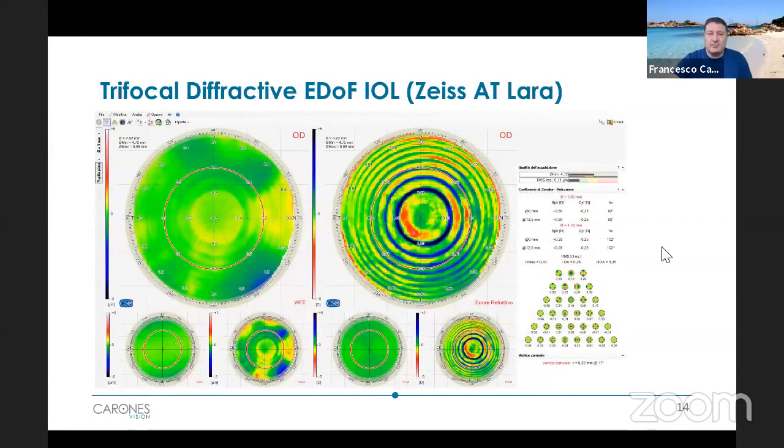Here is another example, the trifocal diffractive EDOF IOL. That's the Atilara that you're probably familiar with. In this case, you know that the Atilara has been built to have the intermediate and near so close as to give the eye the extended depth of focus property.